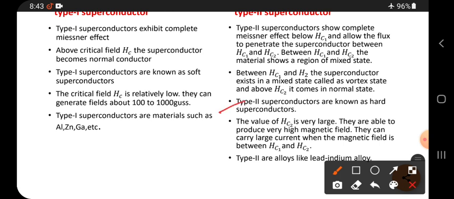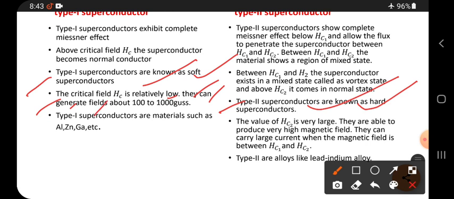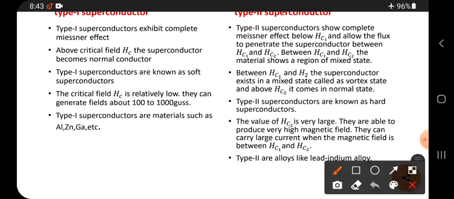Sorry, we forgot: type 1 superconductors are known as soft superconductors, and type 2 superconductors are known as hard superconductors. For type 1, the critical field Hc is relatively low, and they can generate fields of about 100 to 1000 gauss. But for type 2, the value of Hc2 is very large, because only at Hc2 does the superconductor convert into a normal conductor.